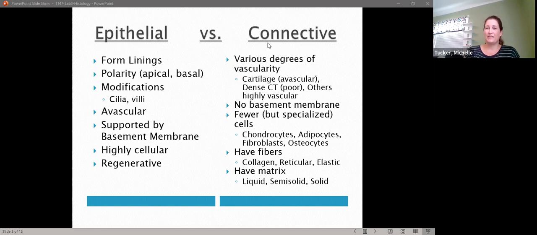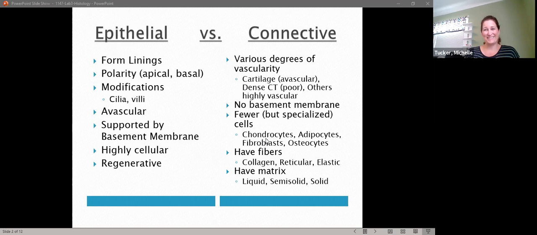But because they are varied, they have no basement membrane. They have fewer cells, but these cells are specialized. Because these tissues are so uniquely different from each other, their cells are uniquely different from each other, and they get their own names.